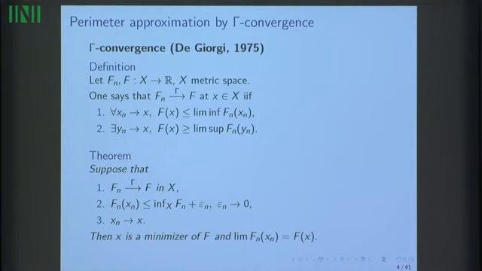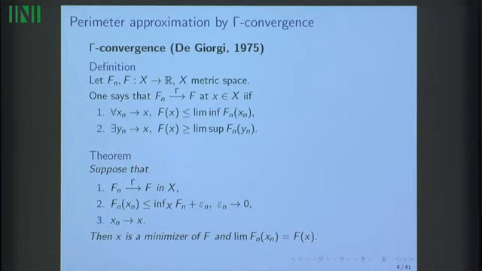So we have to find a special sequence for that. And this is especially constructed so that we have this theorem, which is easy to prove once you have this.